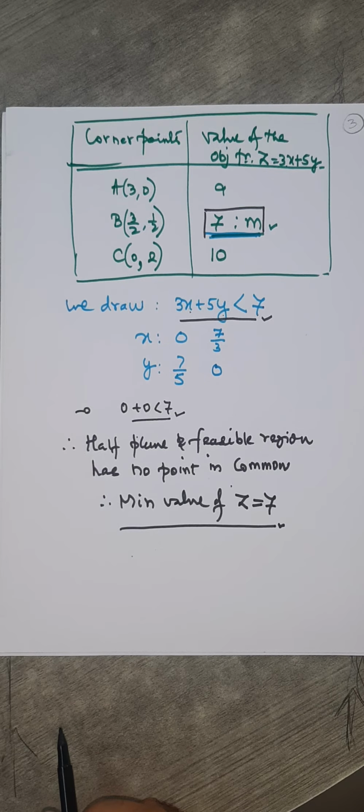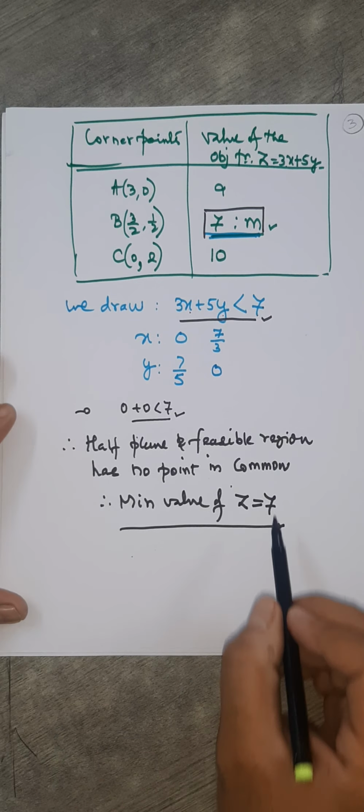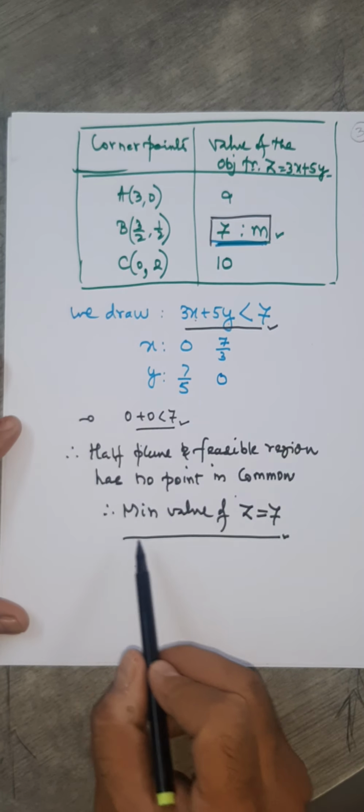Is it clear to you? This is very important. And where is that minimum value obtained? At 3 by 2, 1 by 2.